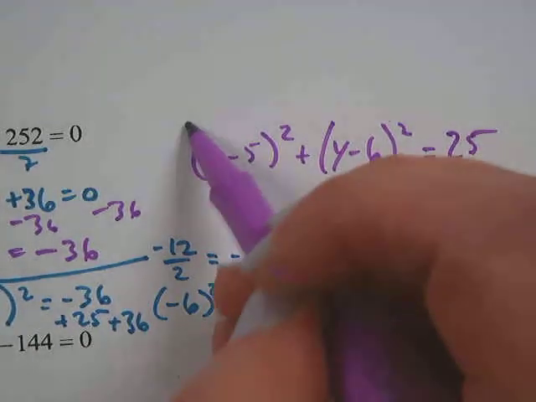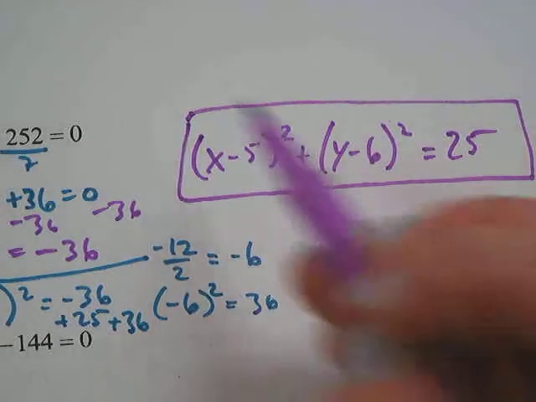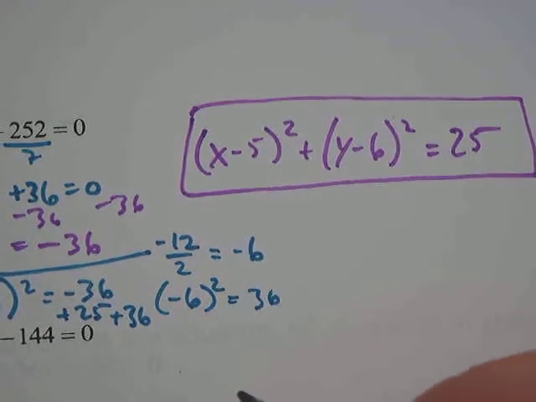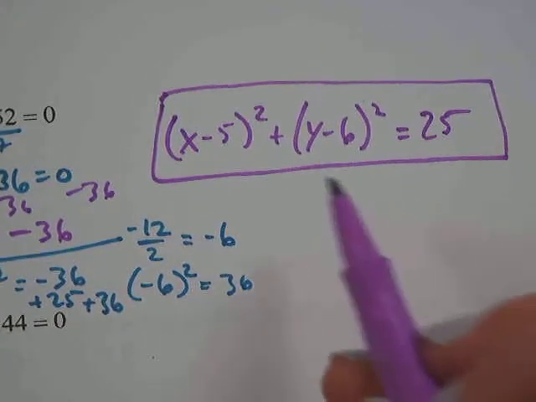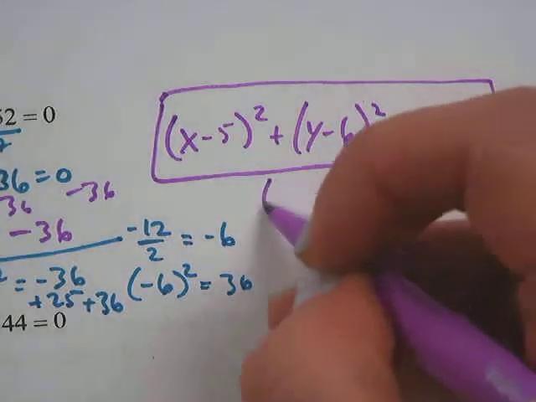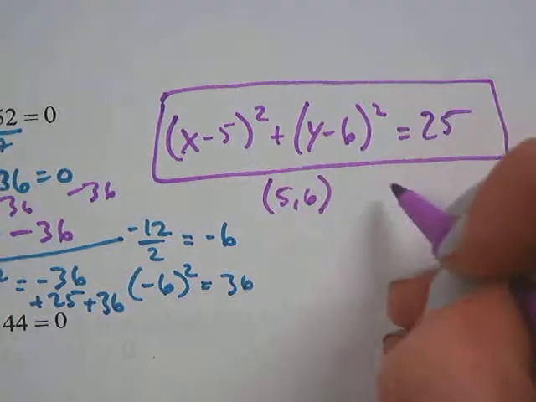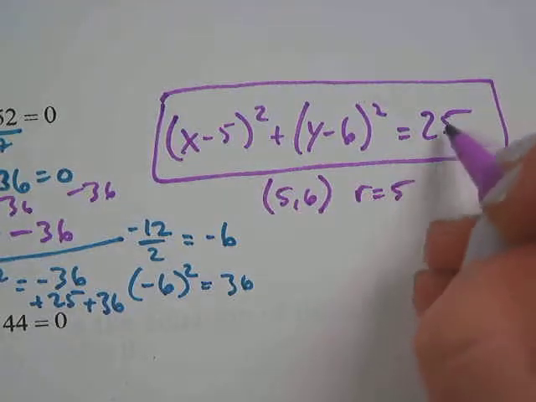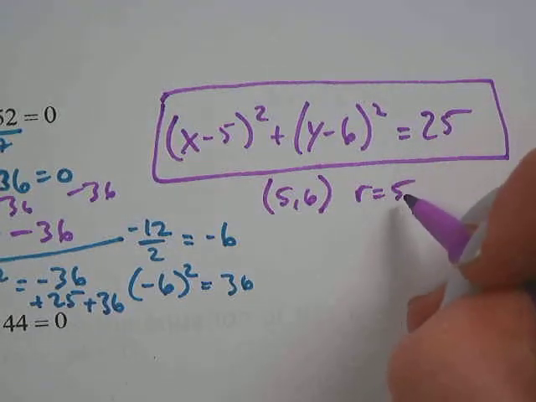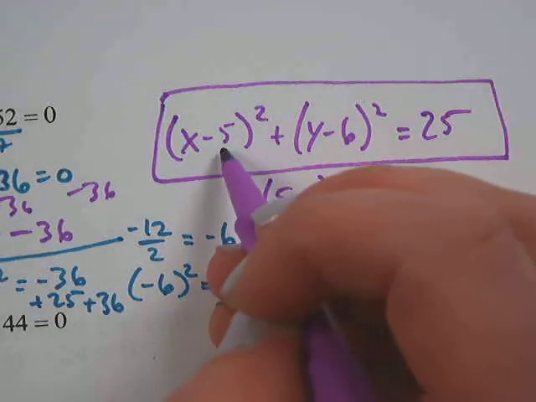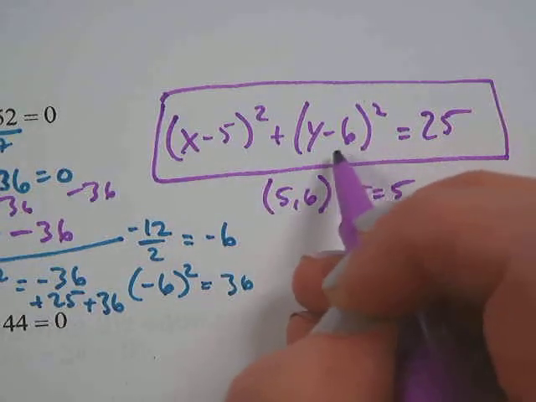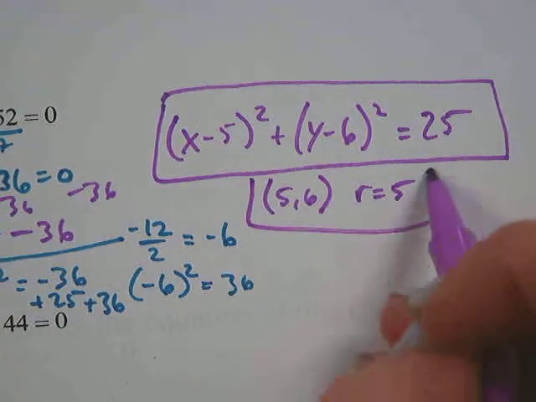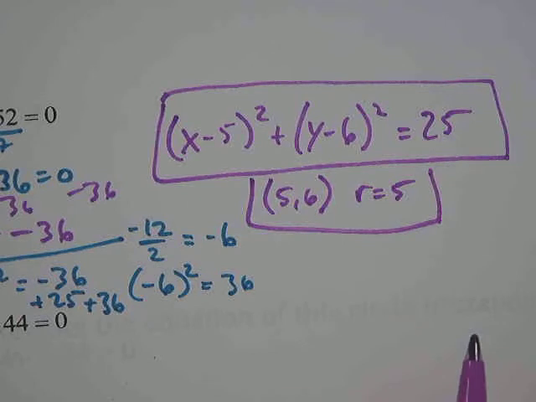So that's my equation. And then we were also asked to find the center and the radius once we get this equation. So my center is just 5, 6. My radius is 5 because the square root of 25 is 5. And my x-coordinate of the center is 5, y-coordinate of the center is 6. So that's the other part of my answer here.